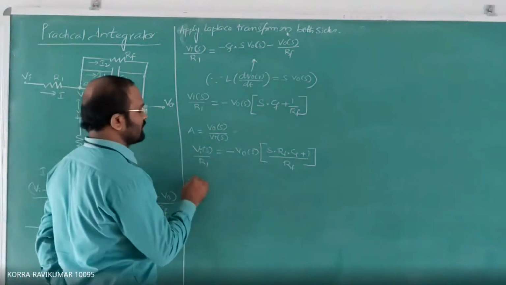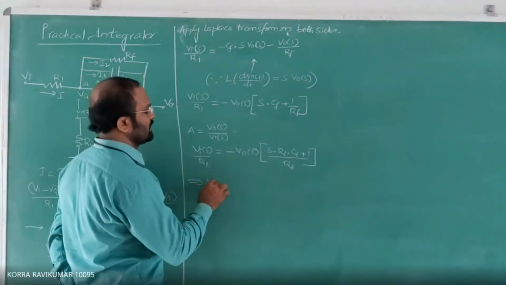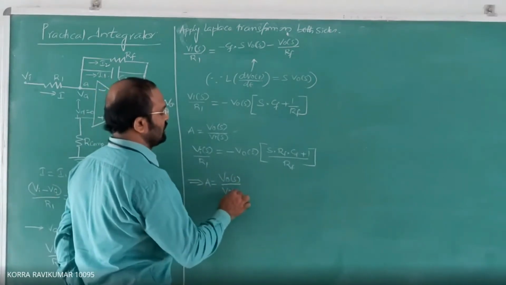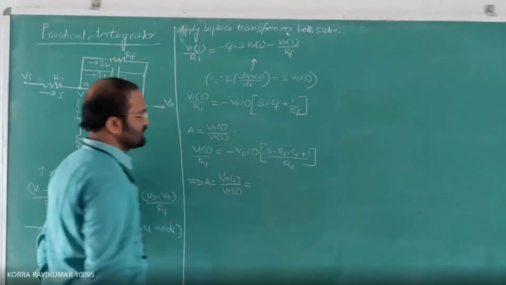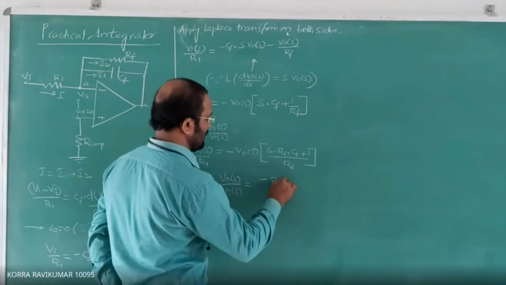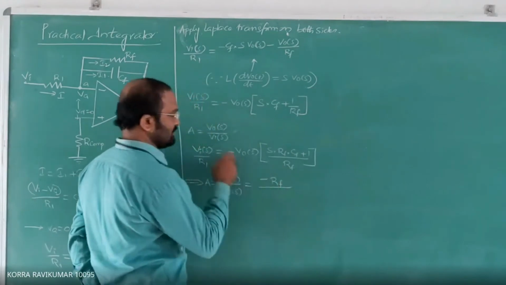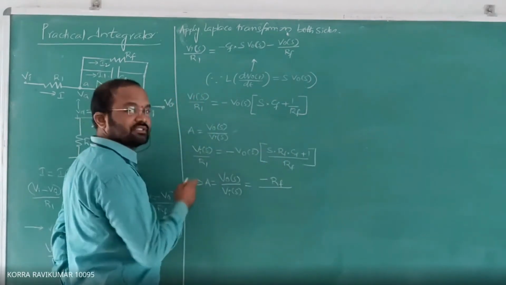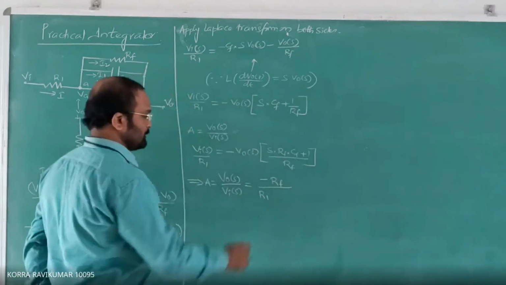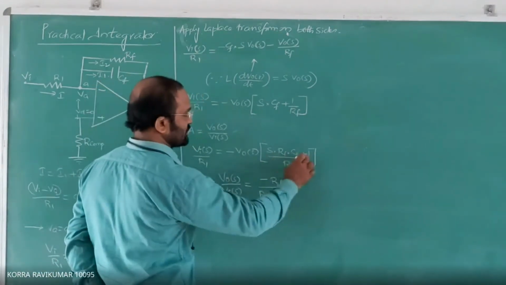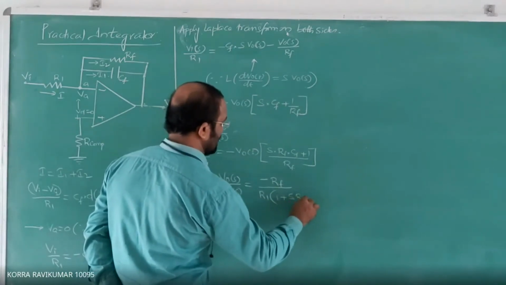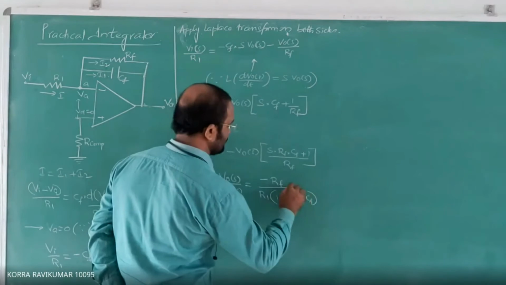Then the expression becomes A is equal to V0(s) by Vi(s), which is equal to minus RF by R1, bringing this to the LHS, of this remaining term, that is 1 plus s RF CF.